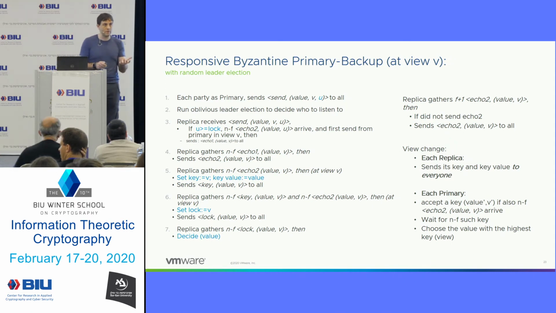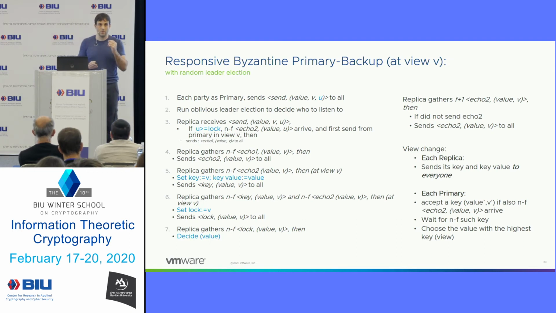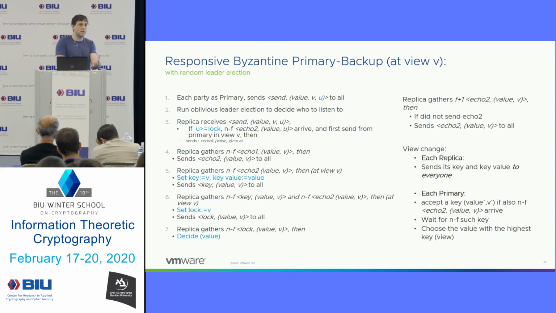And so why will this work? Again, for liveness, with constant probability, we are guaranteed that a non-faulty primary is elected. And in this case, this non-faulty primary will act just like we said.